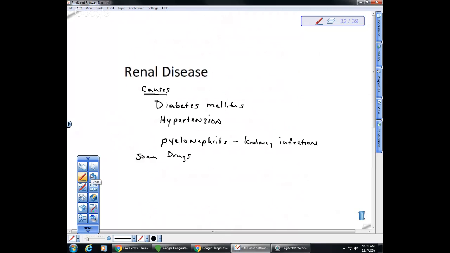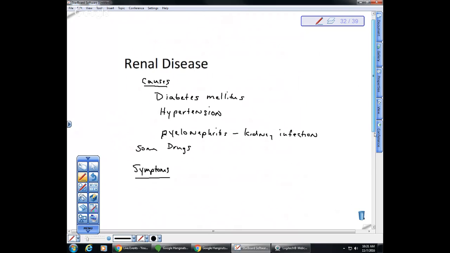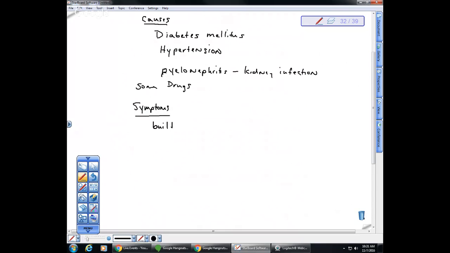Okay. So if we look at the symptoms, one of the symptoms is that you get a buildup of nitrogenous waste in the blood. And the nitrogenous wastes include urea, uric acid, and creatinine. Okay, so those are examples of nitrogenous wastes.